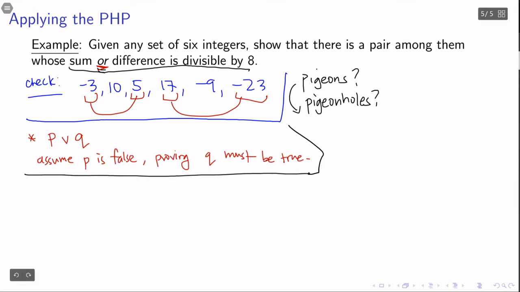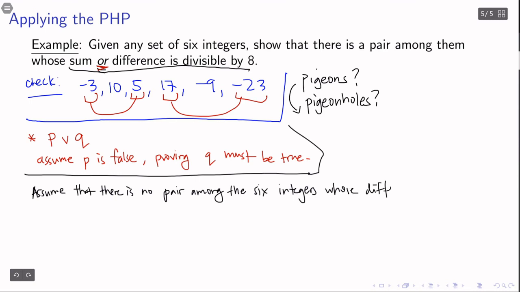So let's do that here. Let's assume that there is no pair among these integers whose difference is divisible by 8.